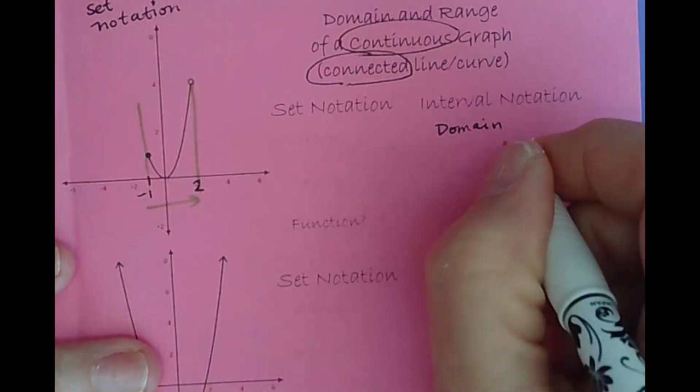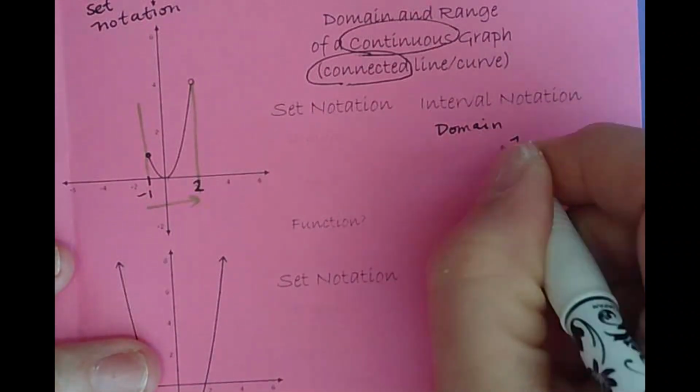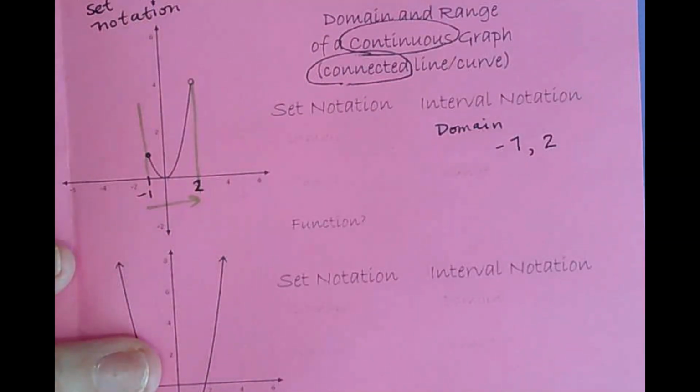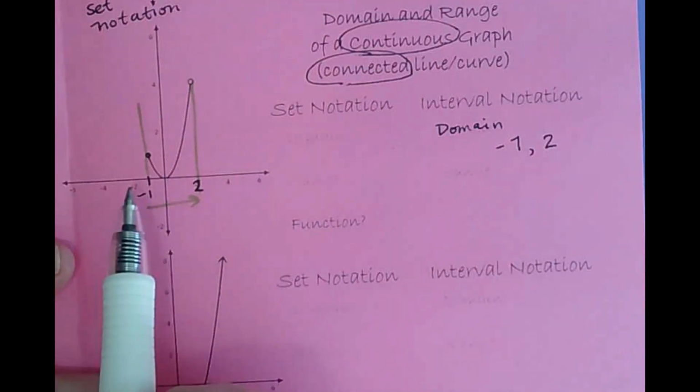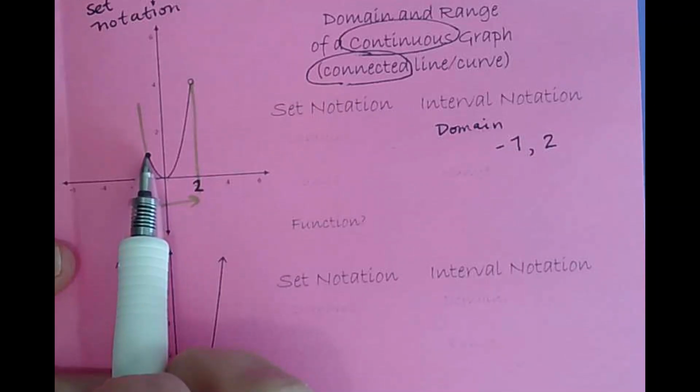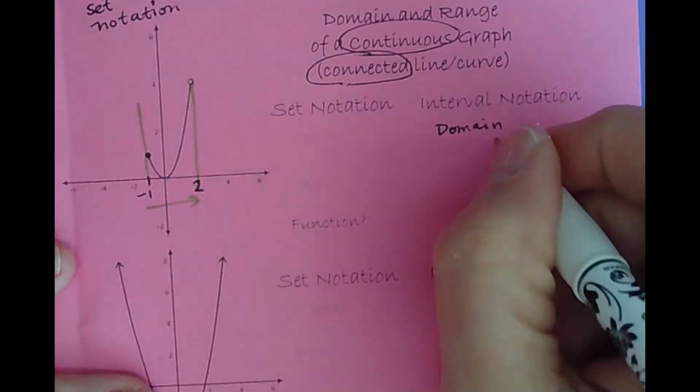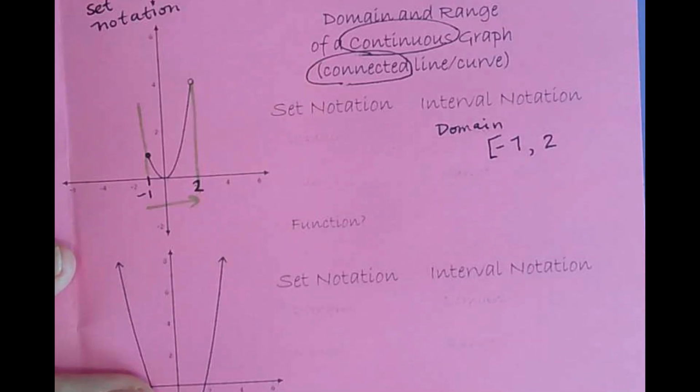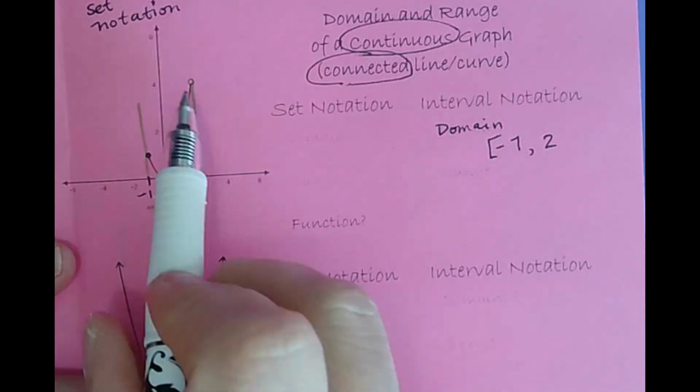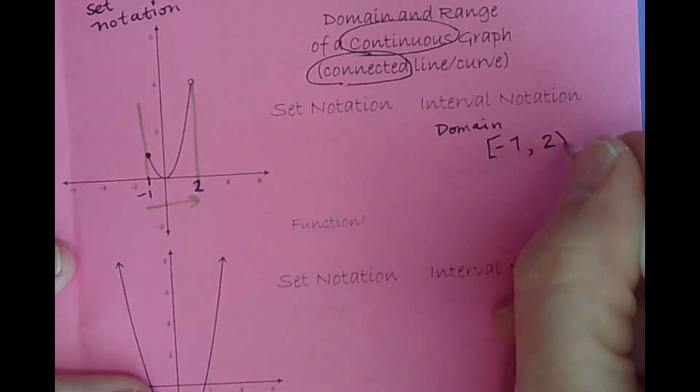So I make a list, least to greatest, and at -1, I see that I have a closed circle, so I can put a bracket there. At 2, I have an open circle, so I would use parentheses.